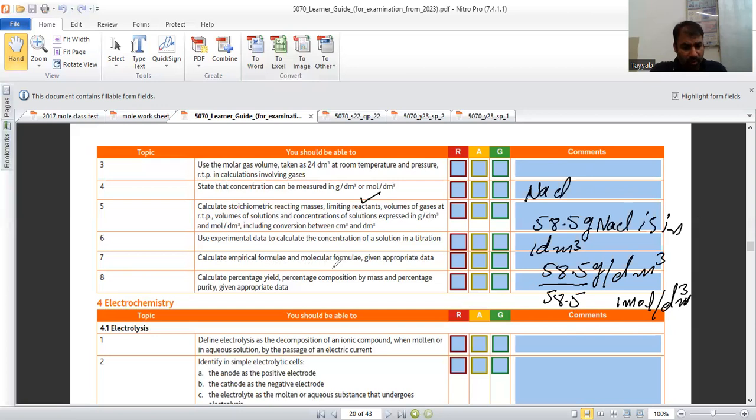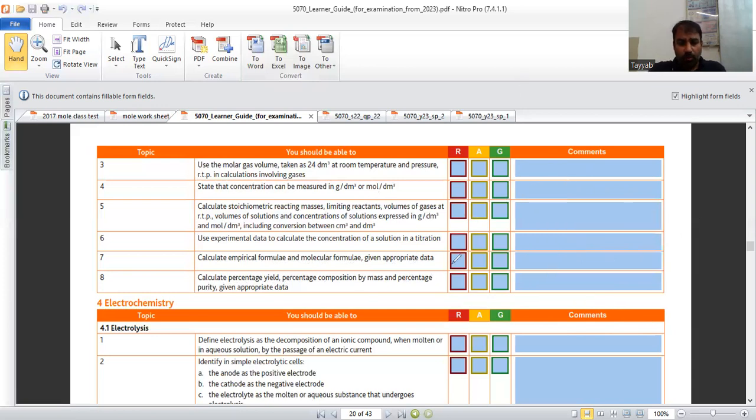Calculate the empirical formula. We did this in the previous video. I also explained when we saw the questions in the past paper. Calculate the percentage yield, percentage composition by mass. Whenever you are given the appropriate information, for example, I would like to write the formula. Percentage yield is equal to actual value.